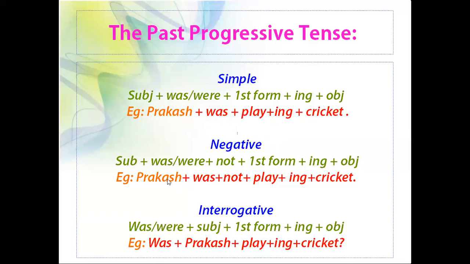For example, Prakash was not playing cricket. In interrogative: was or were plus subject plus first form plus ing plus object. For example, was Prakash playing cricket? So you can write by using this structure. You can also try to write different sentences.